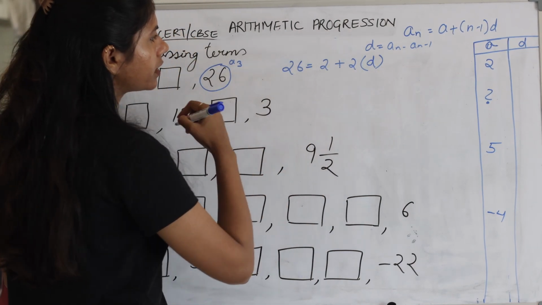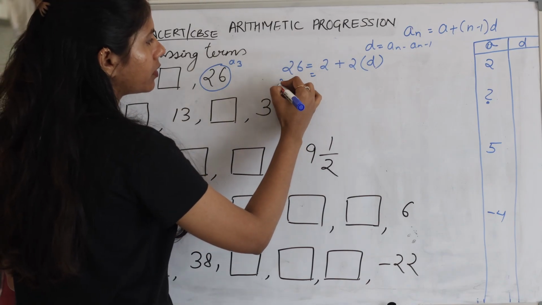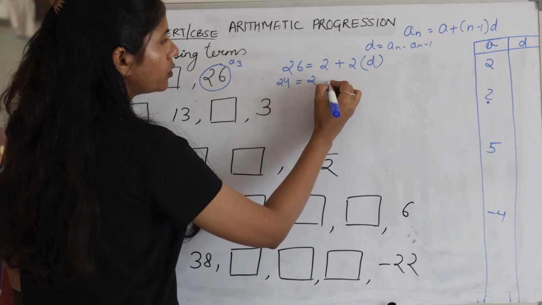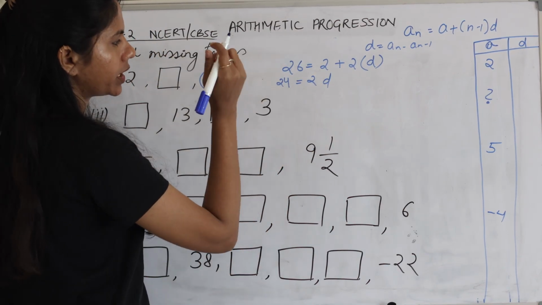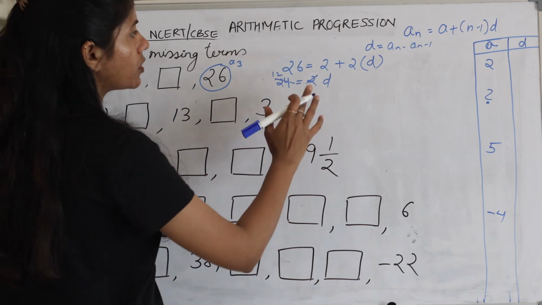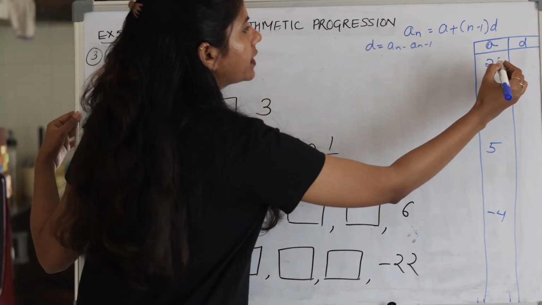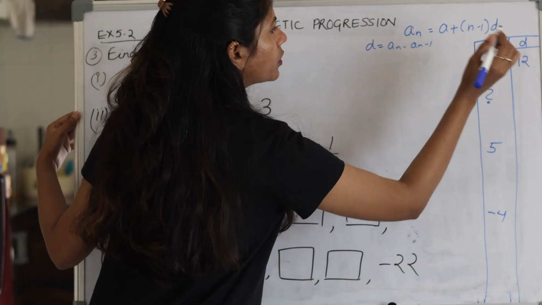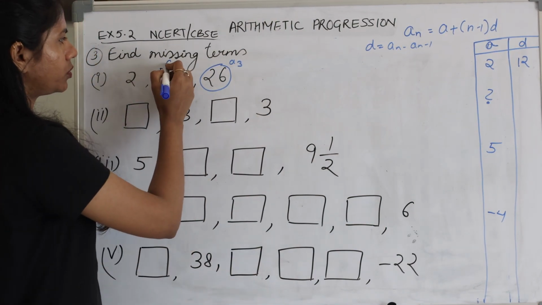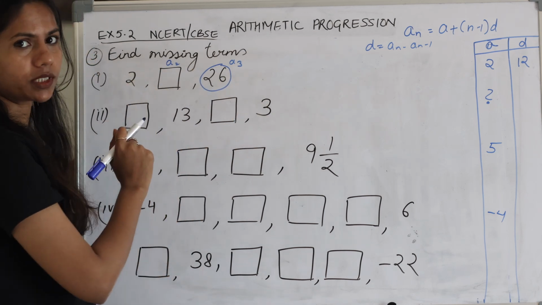Let's calculate: 24 equals 2d, so 2 goes to the other side in division, and 2 twelves are 24. So we got d. d is 12.